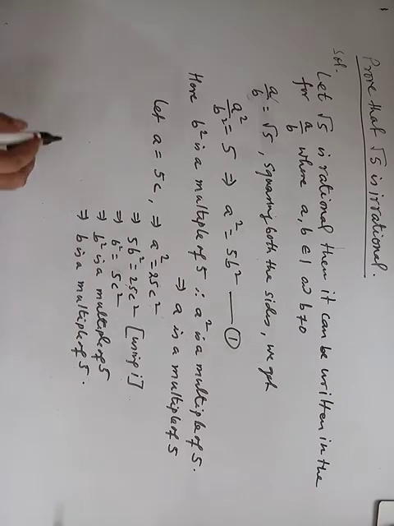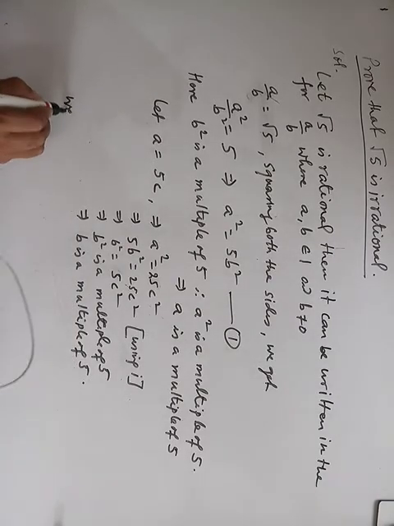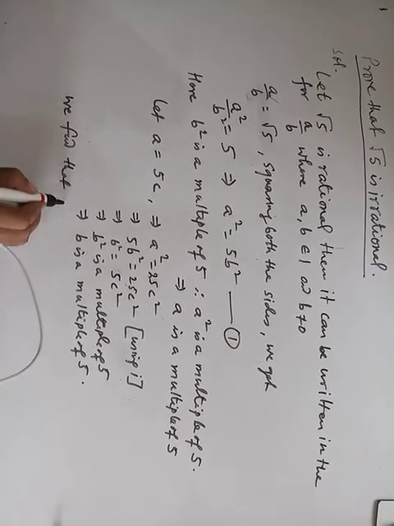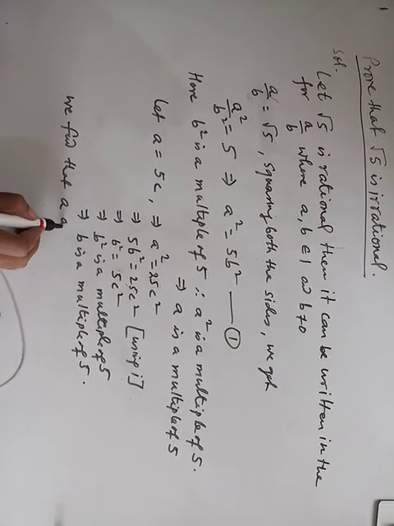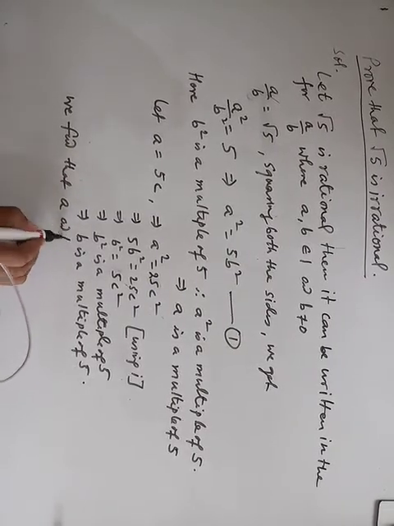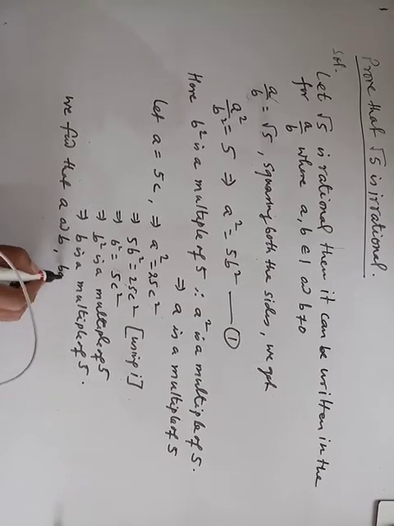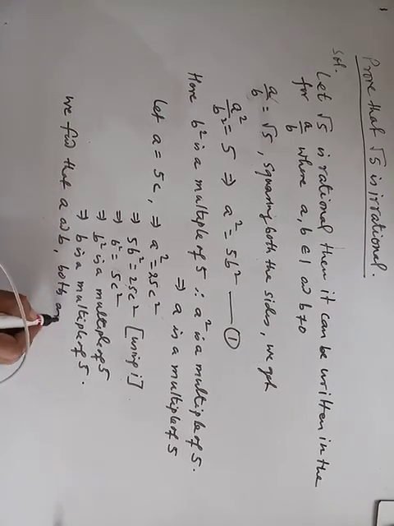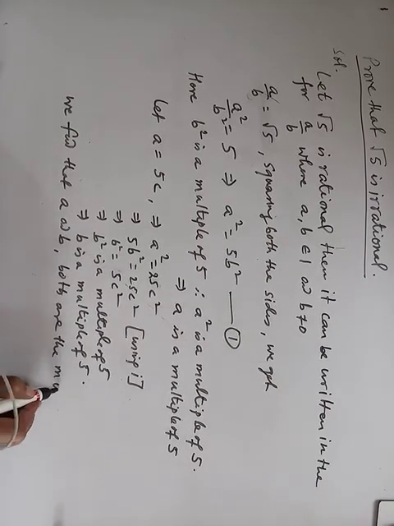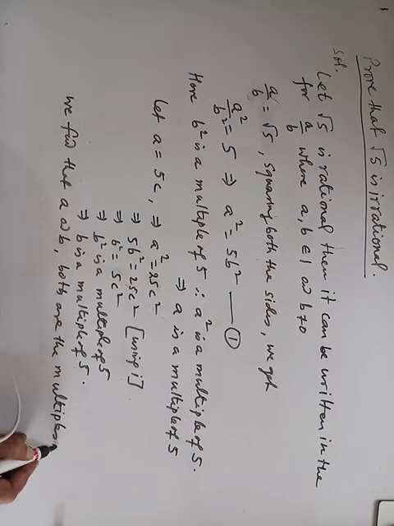So what do we find? We find that a and b both are multiples of 5.